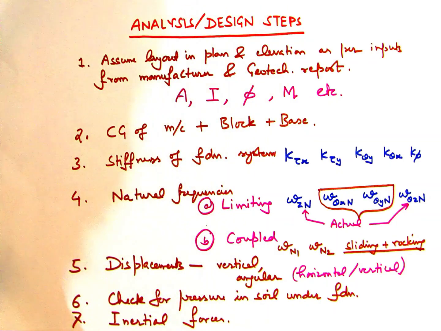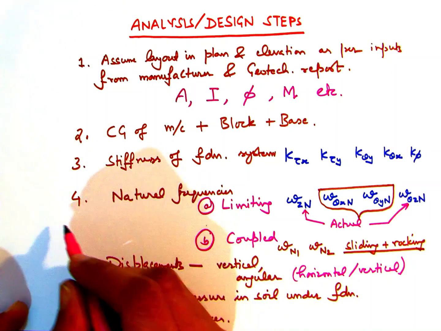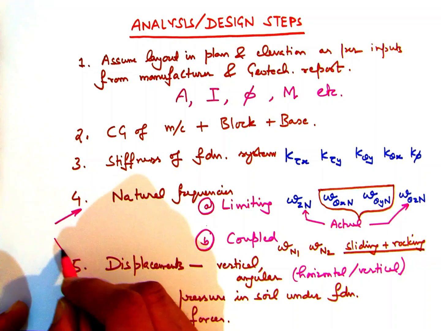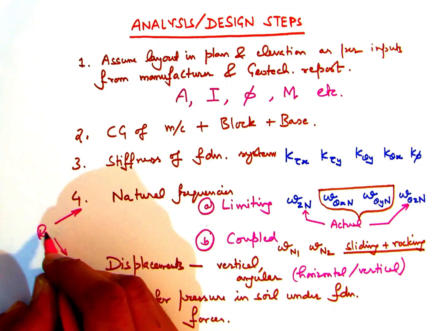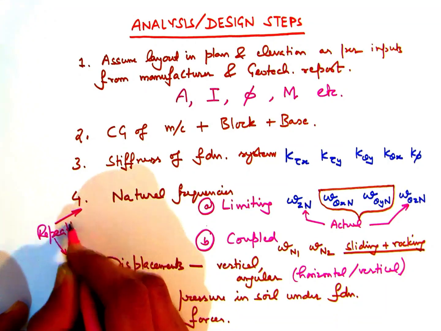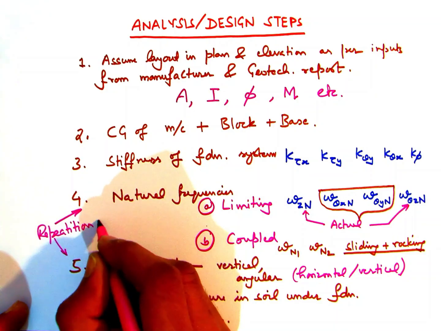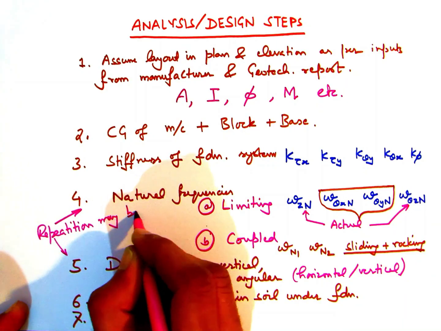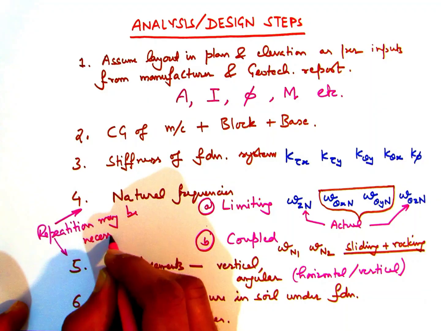Finally, we have to determine the inertial forces. So for inertial forces, we'll be dealing with a separate lecture, because the machine and the foundation system is undergoing vibrations, so inertial forces could sometimes be very large. Note that if we are not getting the desired results in steps 4 and 5, we need to again revise our sizes.